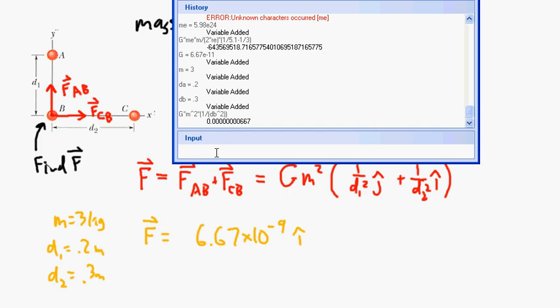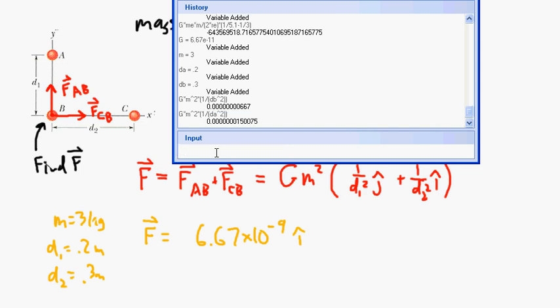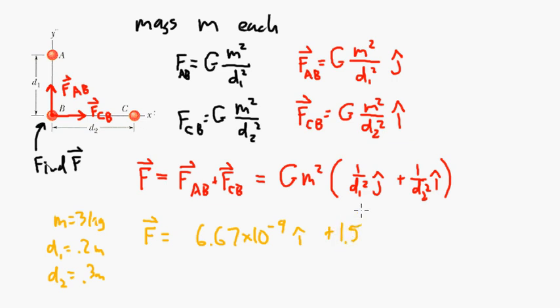And then let's try it over dA and see what the j component is. And that is going to be plus 1.507 times 10 to the negative 8 j hat. And then we draw brackets around all these and do newtons.